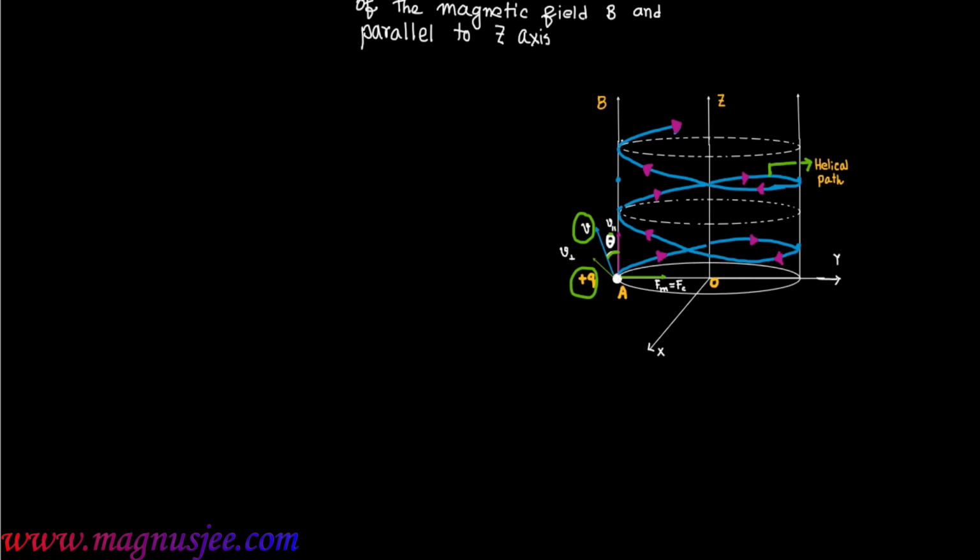The velocity of the charged particle plus q is resolved into two components, v perpendicular and v parallel. v perpendicular equals v sin theta, and v perpendicular acts perpendicular to the direction of magnetic field B. The angle between v perpendicular and B is 90 degrees, and v perpendicular acts in the xy plane, and v parallel equals v cos theta, which acts in the same direction as magnetic field B.